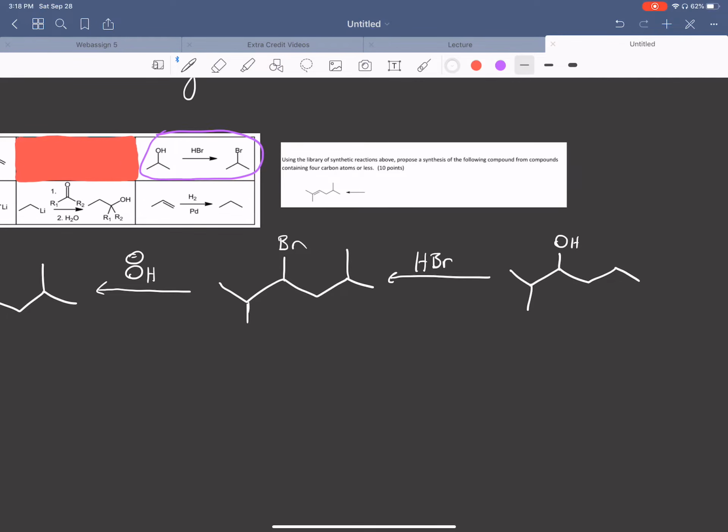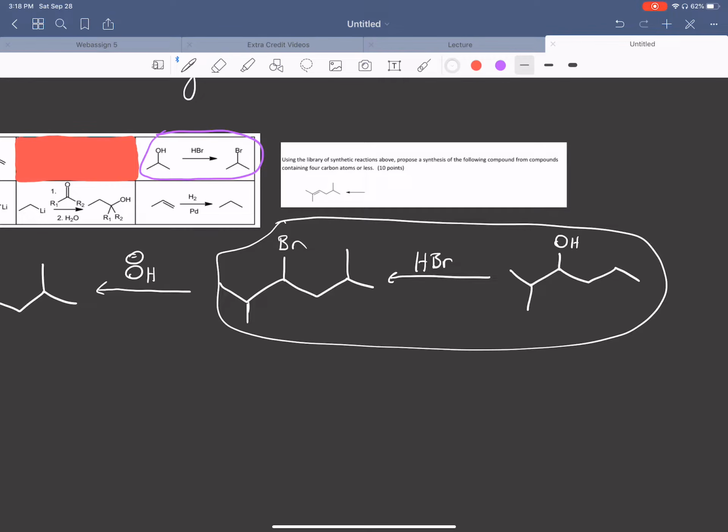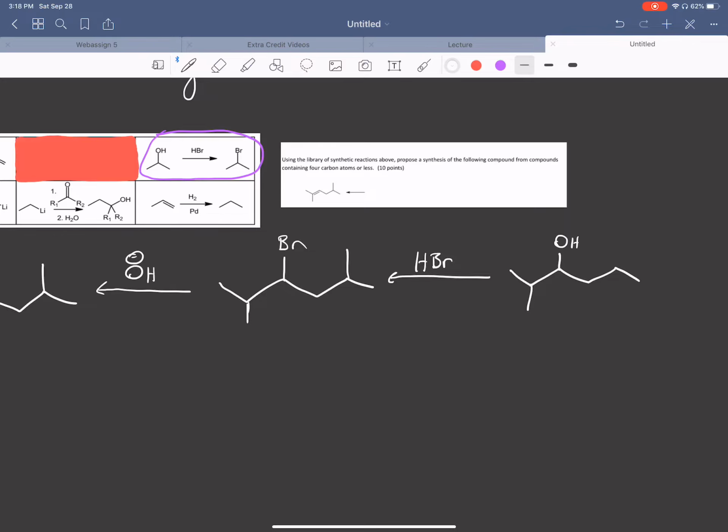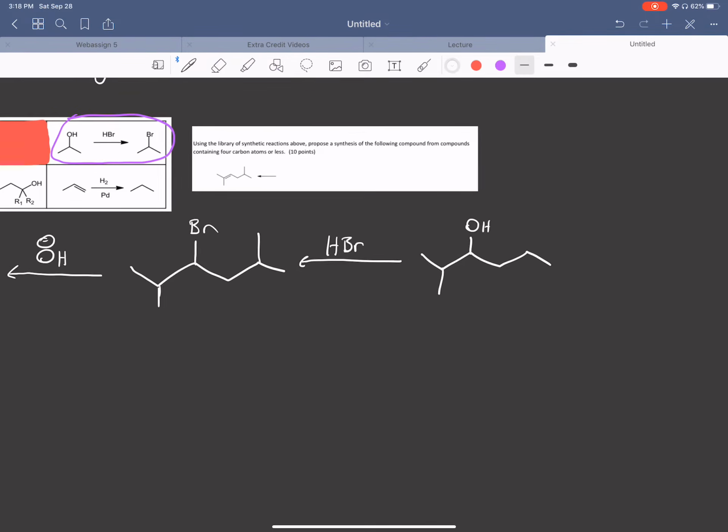And so, yeah, we have an OH. You will learn in the future, when you learn substitution and elimination, other ways of doing this one reaction right here, where you have an alcohol and you do HBr to get the Br, okay? But for the purposes of this test, you just use HBr for that, for the initial synthesis stuff that you guys are doing.